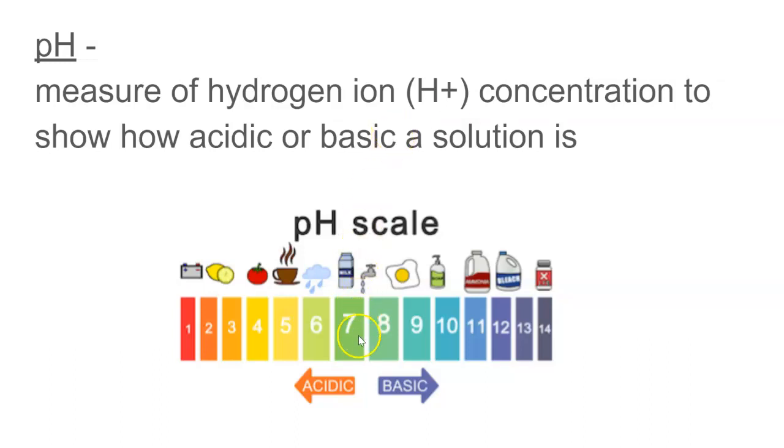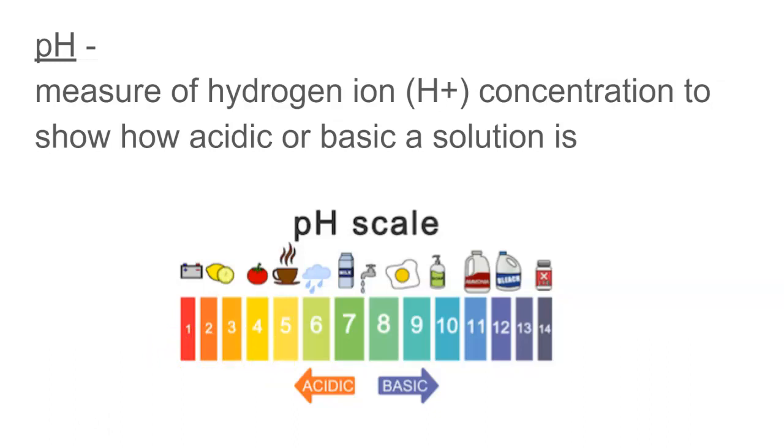So when we're taking a look at the pH scale here, 7 is going to be neutral. If you're taking measurements of a pH and it turns out to be 7, that means it's neutral. Typically tap water, distilled water is a pH of 7. As you go to the left-hand side, so as your pH decreases, these are going to be your acids. So anything less than a 7 is an acid on the pH scale.